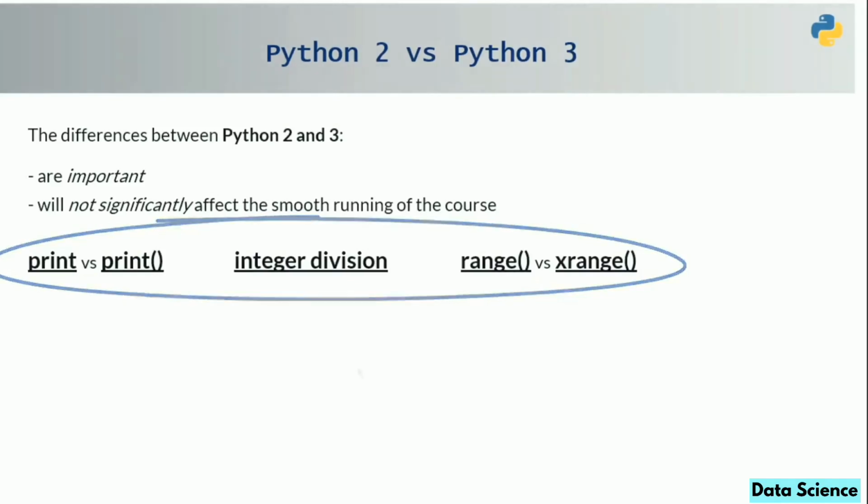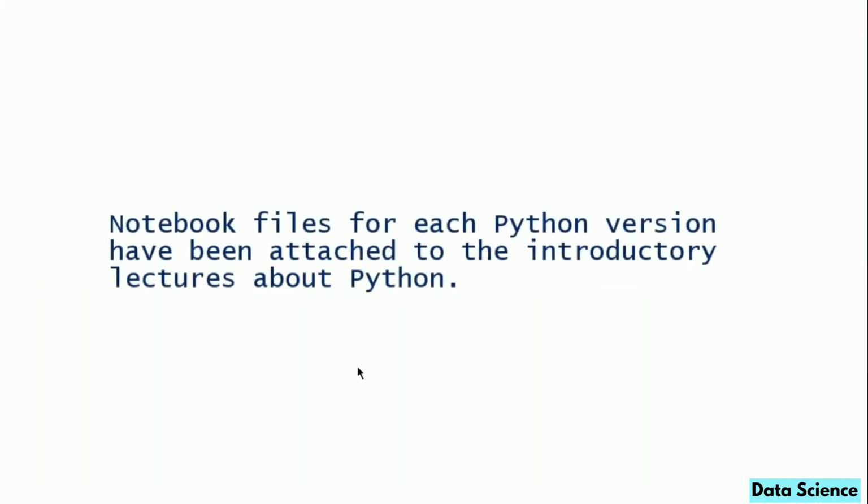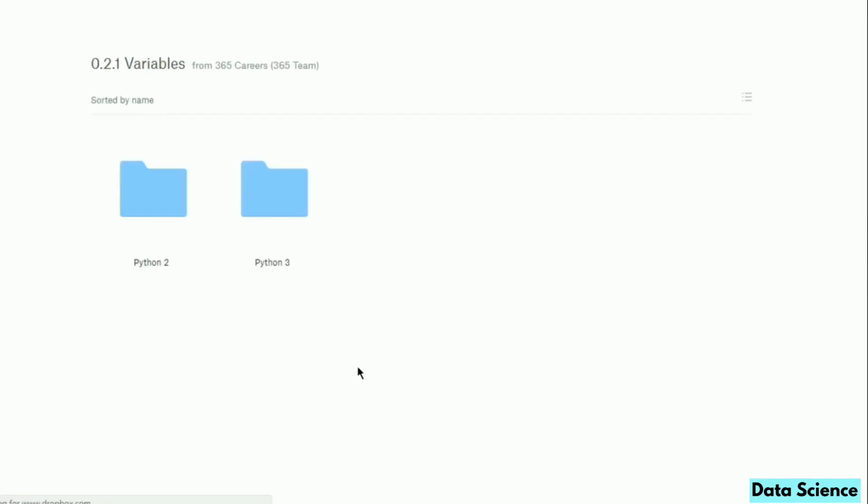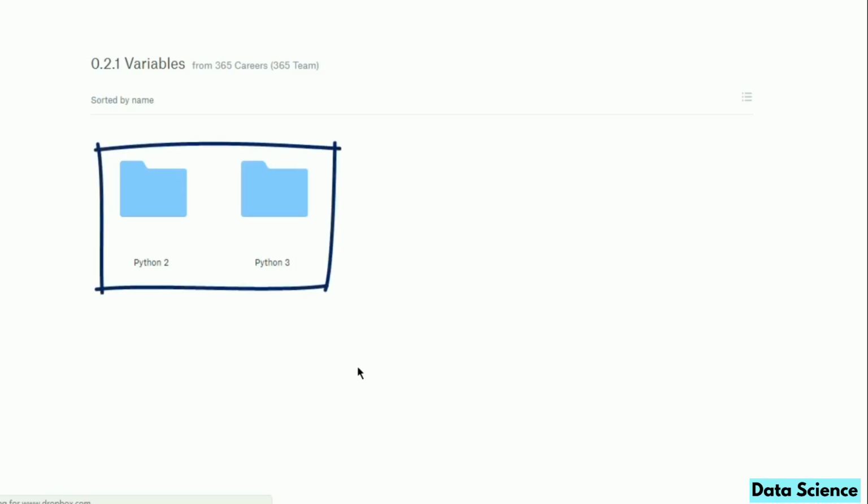Something to remember is that notebook files for each Python version have been attached to the introductory lectures about Python. After that point, however, the videos you watch are recorded in Python 3 only, so notebook files for Python 2 are not provided. Just remember that when you're using the notebook files, you need to use the ones stored in the folder that corresponds to the version you've installed.